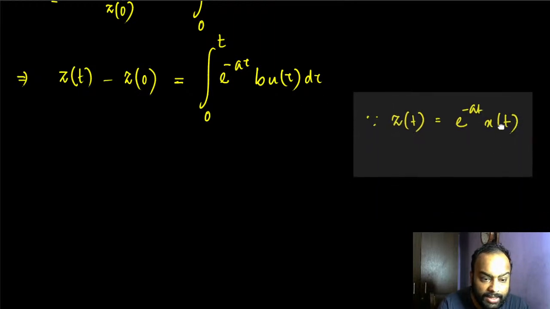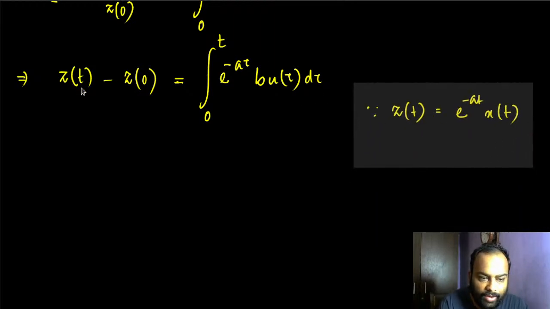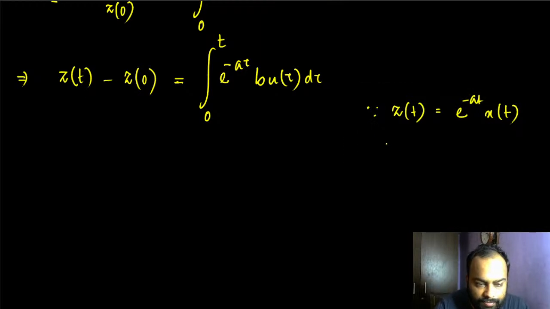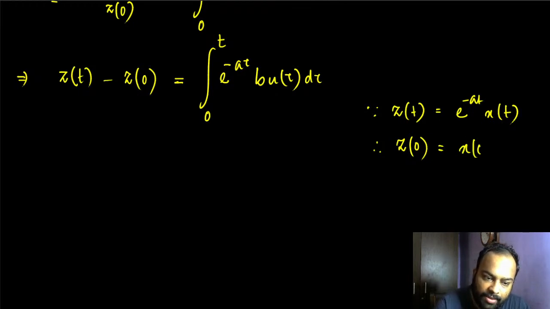Since zt is this, of course there we are going to write this. And what about z0? Z0, let's put t equal to 0, and that's going to be e to the power 0, that's going to be 1, and it is just x0, right? You see? So here, let me just replace what we have here.